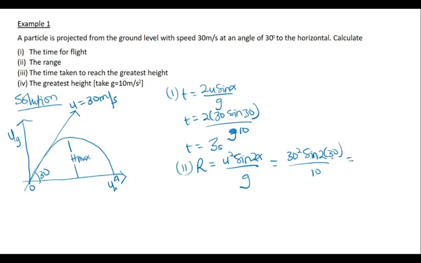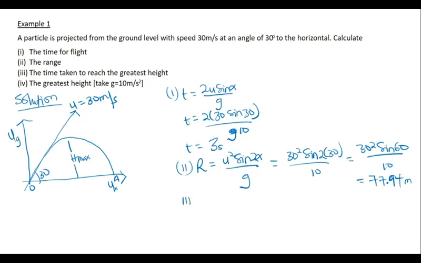If we input this into the calculator, we have 30 squared sine 60 divided by 10. So our range is going to be 77.94 meters. So this is our range. The distance OA, or the range, is 77.94 meters.